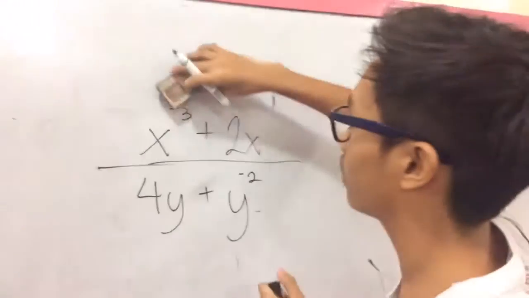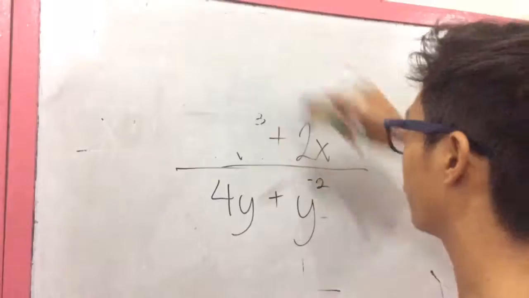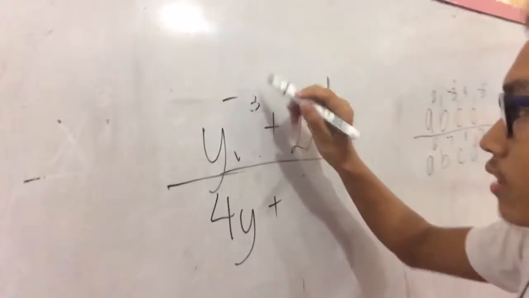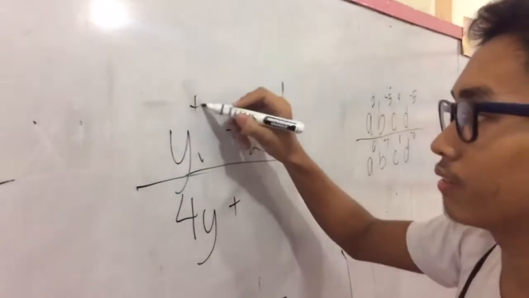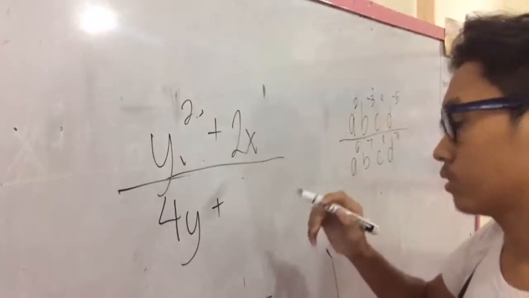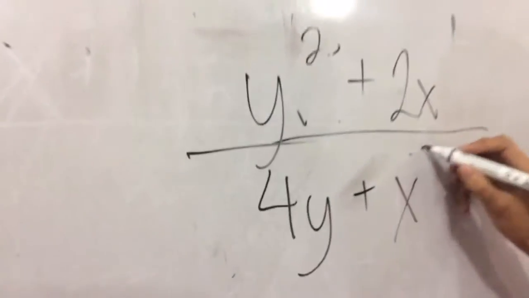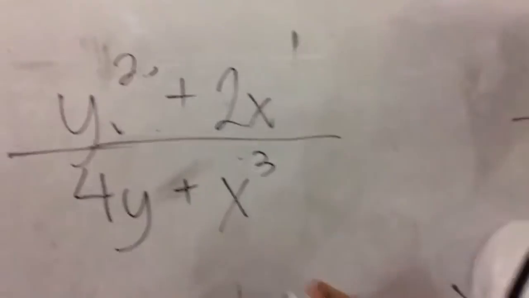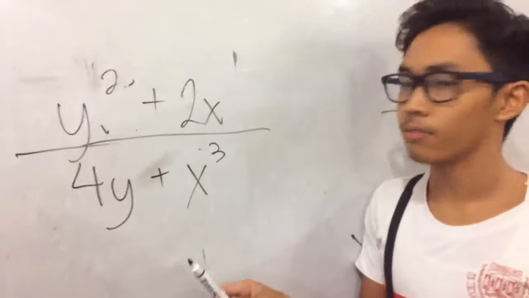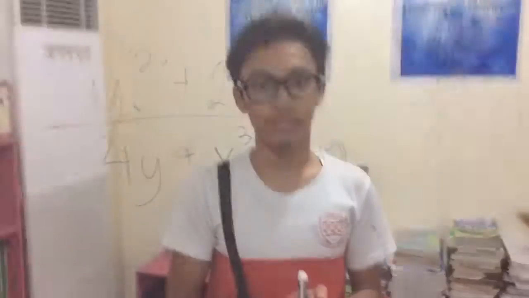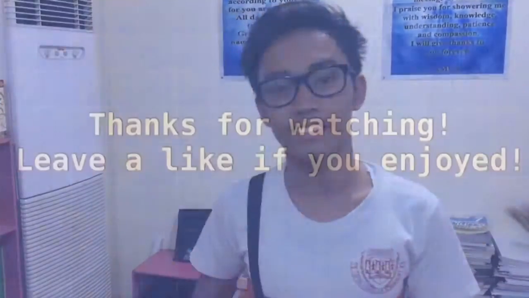So what you should do here is switch these two, which would mean this would be y raised to positive 2, or just y squared, and this would be x cubed. The reason for this is because we cannot have a negative denominator or numerator. And that's all you need to know in dividing algebraic expressions.